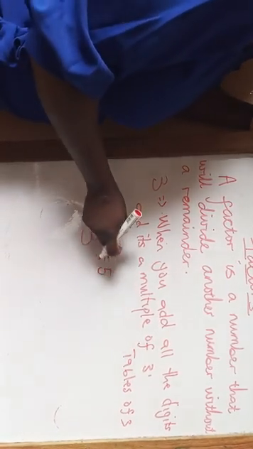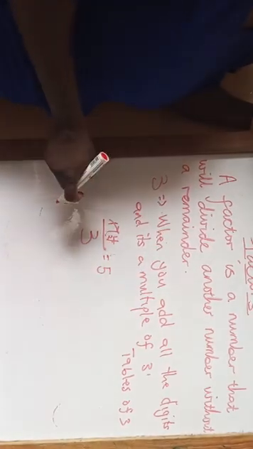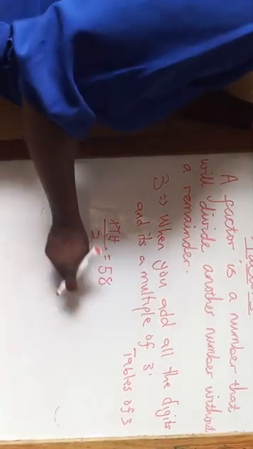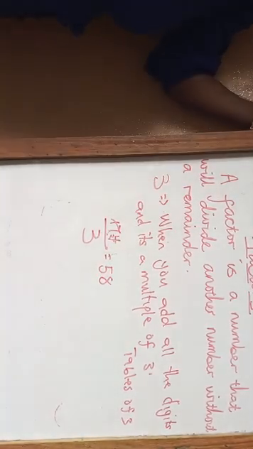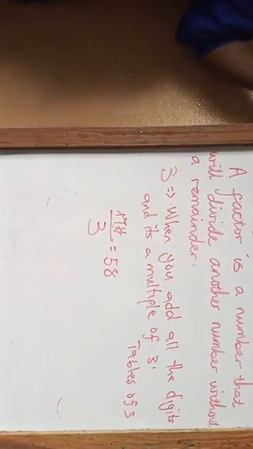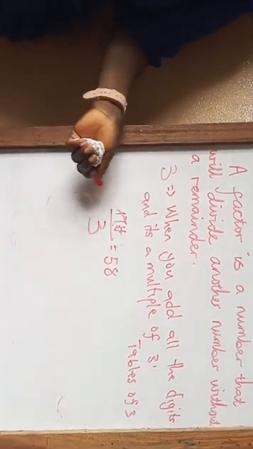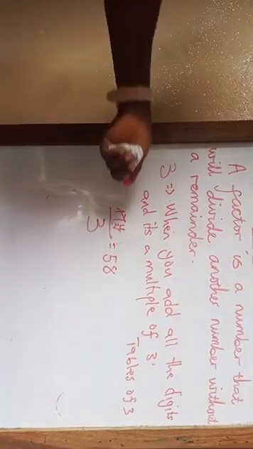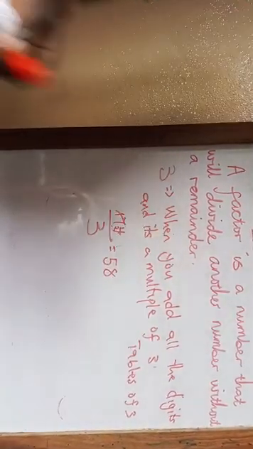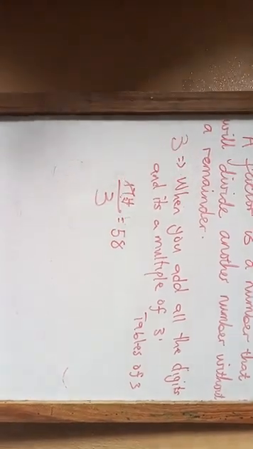Add your 4 here. This is 24. 3 times what is 24? 8. So your answer is 58. So 3 will divide 174 without a remainder. So 3 is a factor of 174.